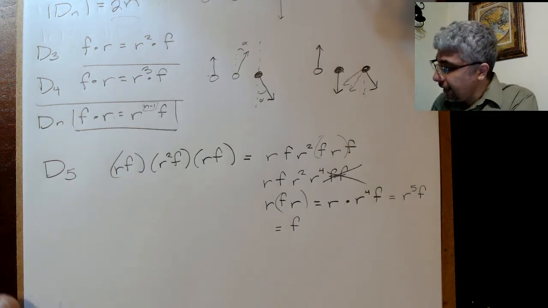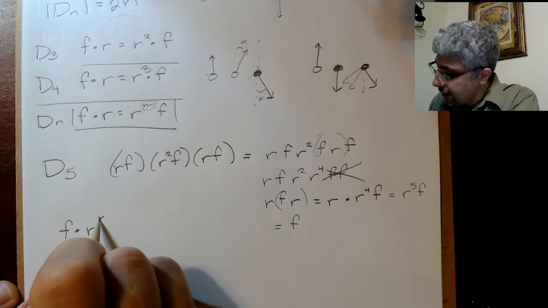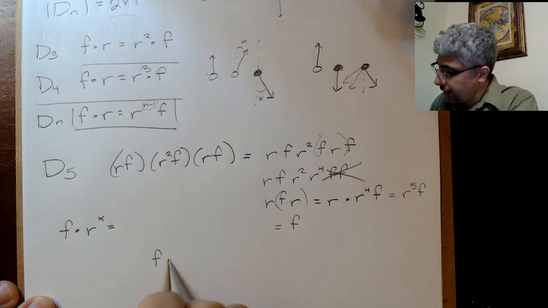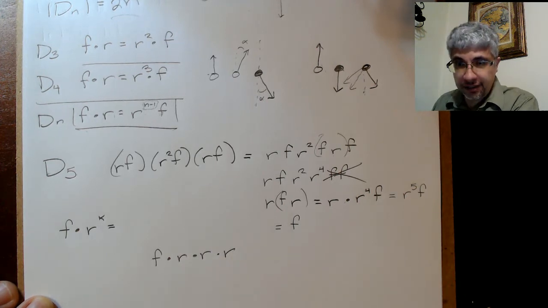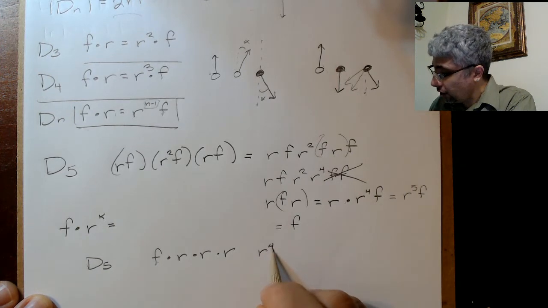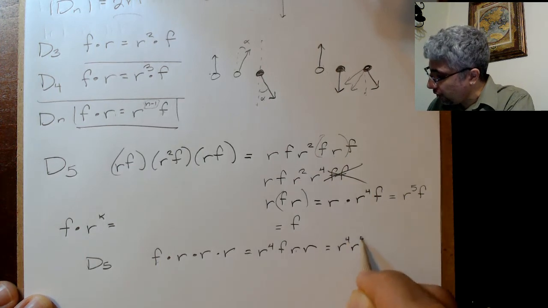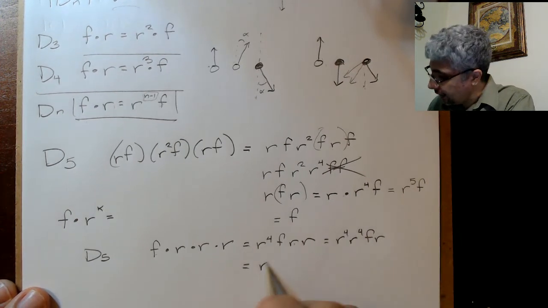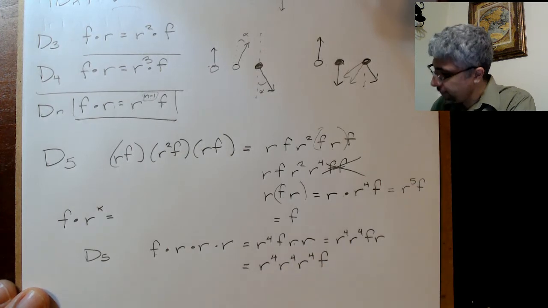It's just that if I can extend it to a rule of the following form, f times r to the k, that might speed things up. Because right now, if I have f times r times r times r in, say, D5, let's stick to D5, I can deal with this and I get r to the 4 f r r, and then I move another one, I get r to the 4 r to the 4 f r, and then I move another one past, and I get r to the 4 r to the 4 r to the 4 f.